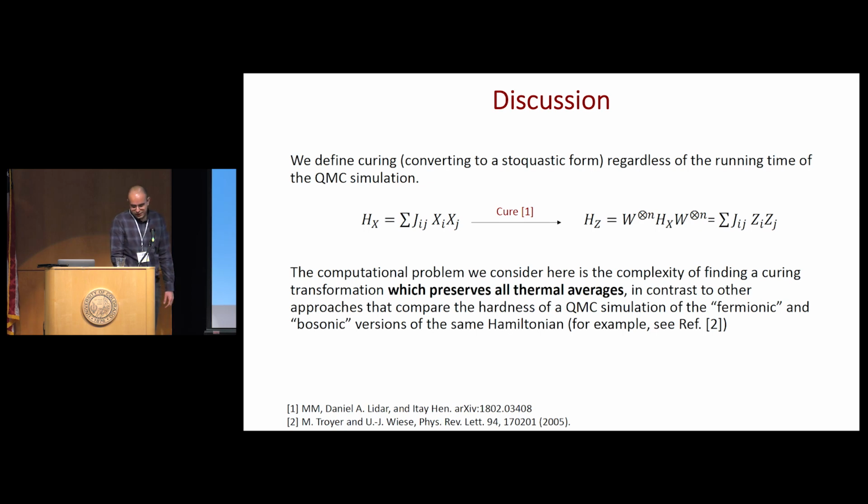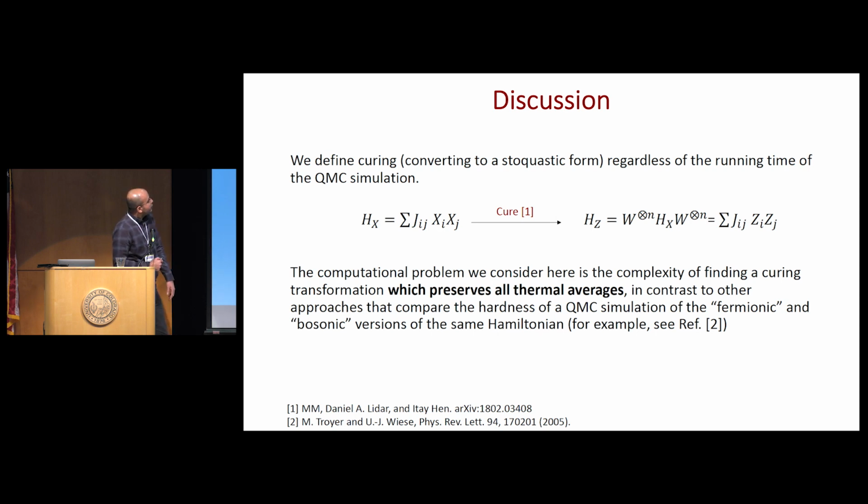Before going to the main result, let me just highlight two points. So with this definition, and by the way, here I say curing, and by curing I mean converting a Hamiltonian into a stochastic form.